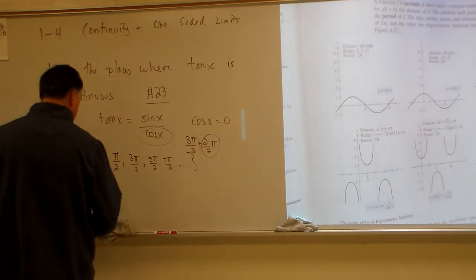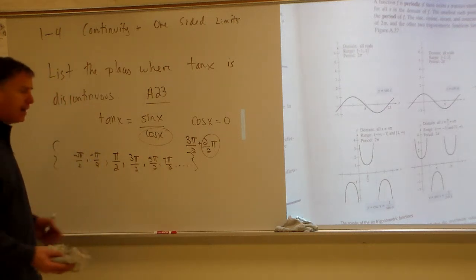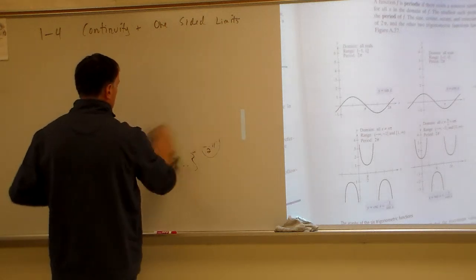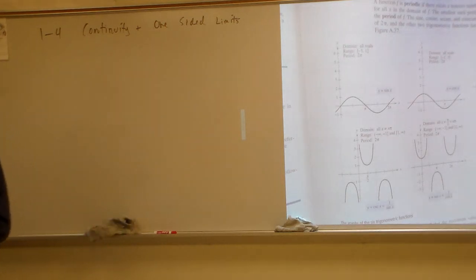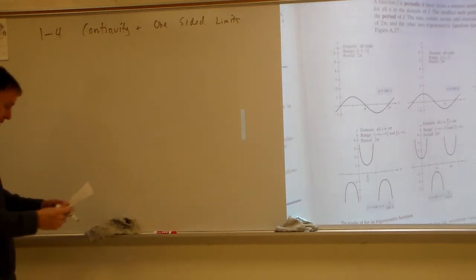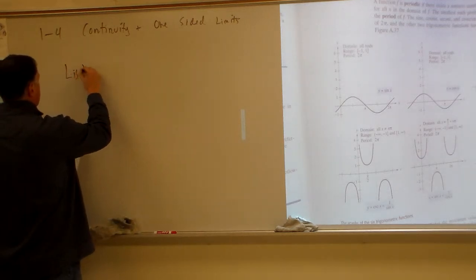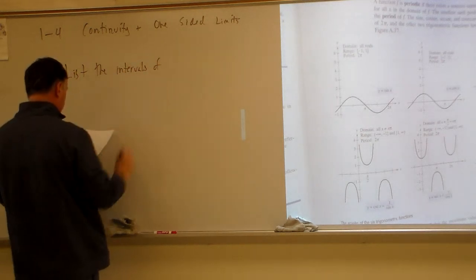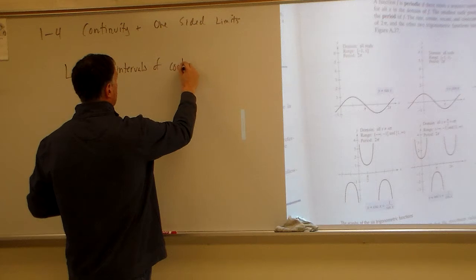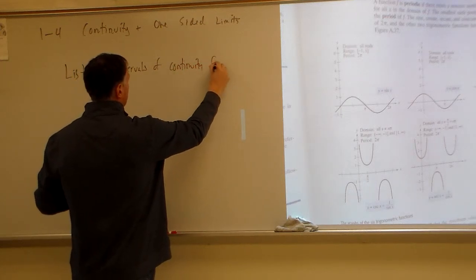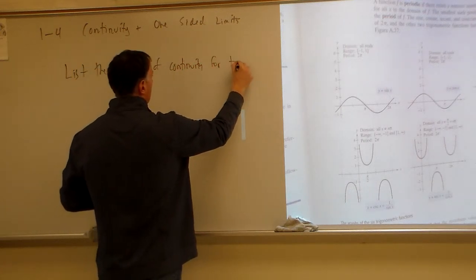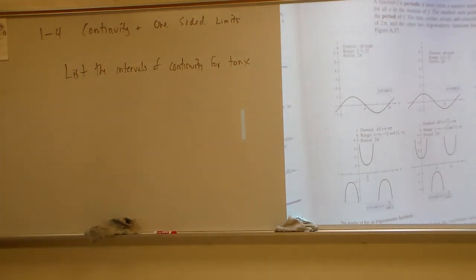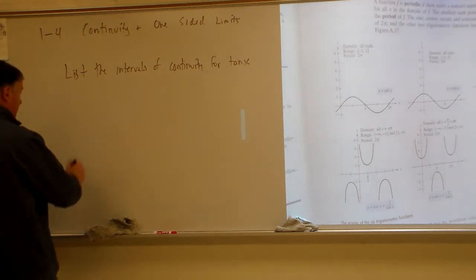Now, they could ask for the same information in a different way. They could say this: list the intervals of continuity for tangent of x. So now we want to list where it's continuous.